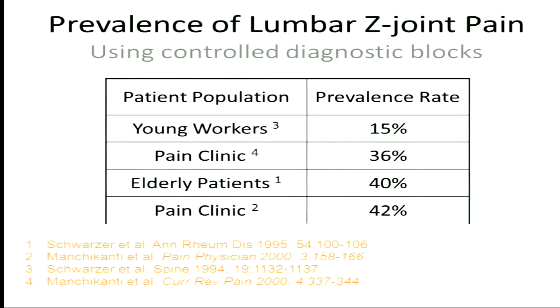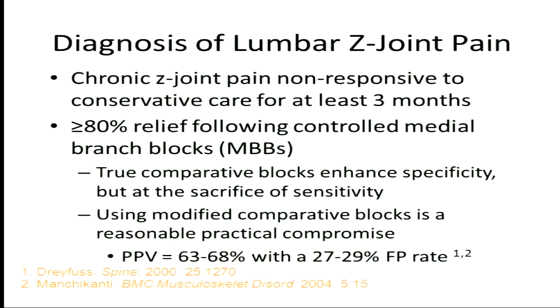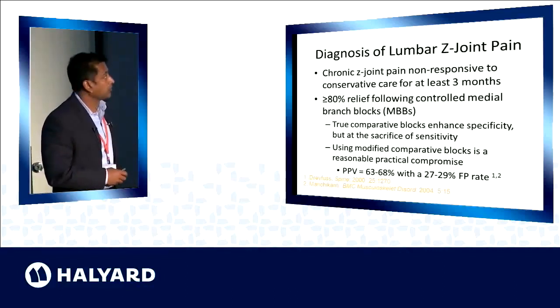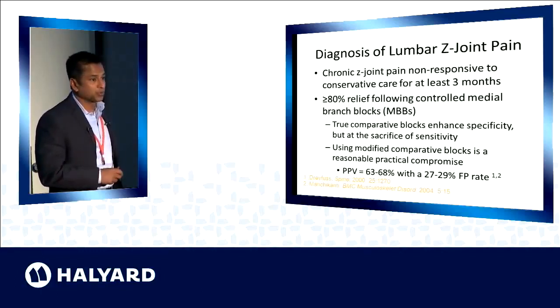We know the prevalence of Z-joint pain, as Manchikanti showed, is higher in pain clinics and higher in elderly people, but it is a fairly prevalent problem, just like SI and thoracic pain, and it's something that is fairly treatable. In terms of diagnosis, you've determined that the patient has chronic, unremitting or recalcitrant axial back pain, and the patient has achieved good relief, by definition 80%, following medial branch blocks.